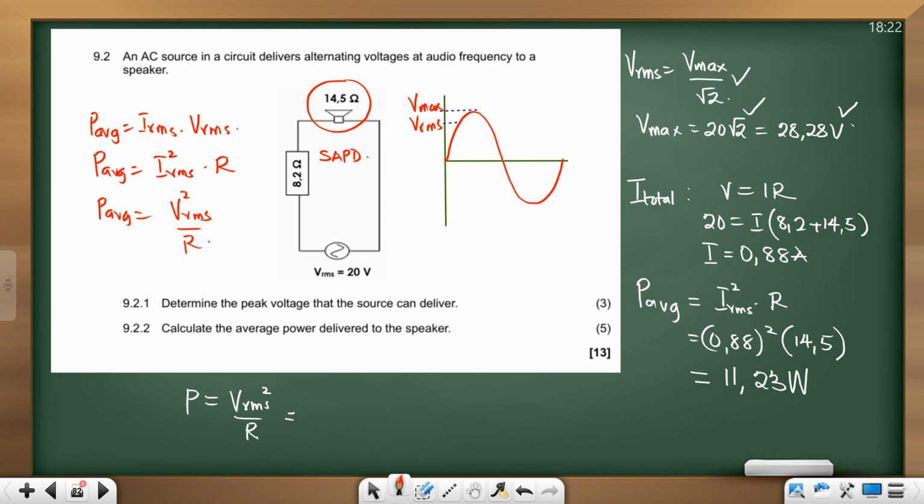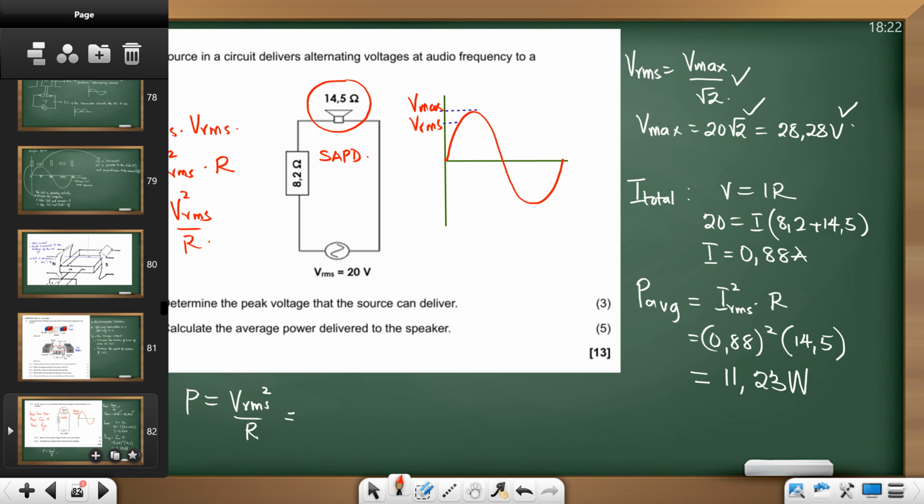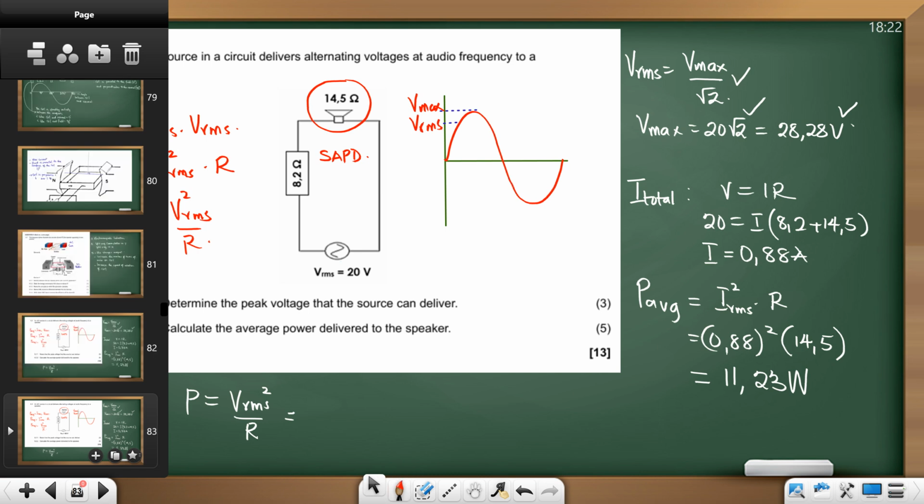Let's try another method. Can we find the voltage in the 14,5? Let's try the voltage. No, it's not. These are connected in series. Series are potential dividers.